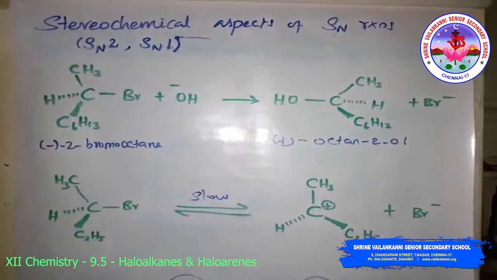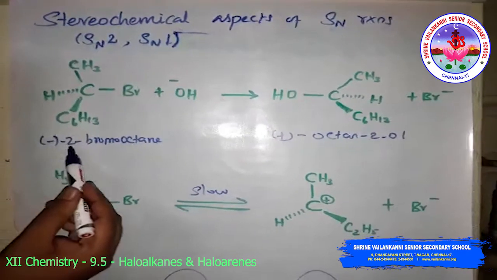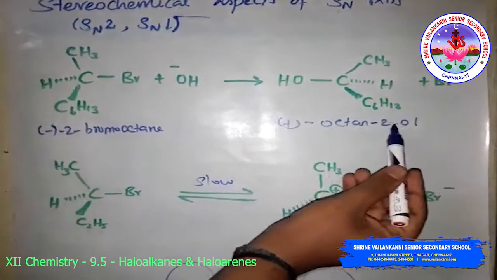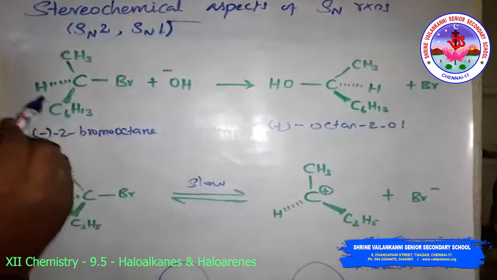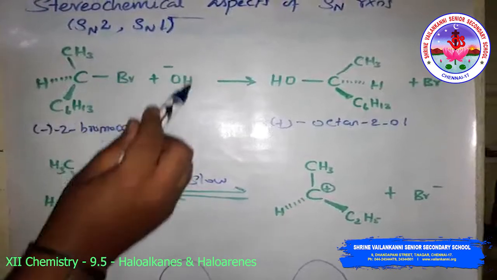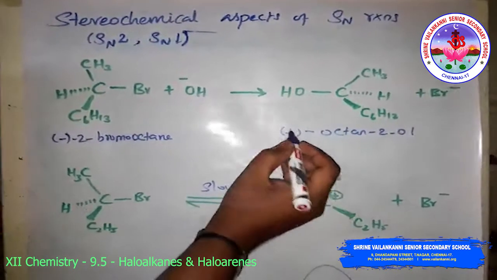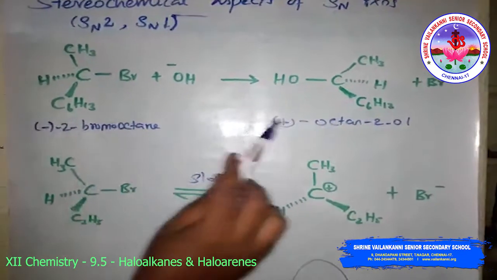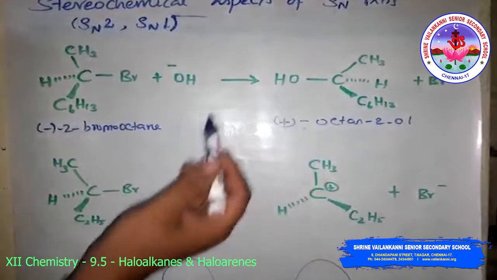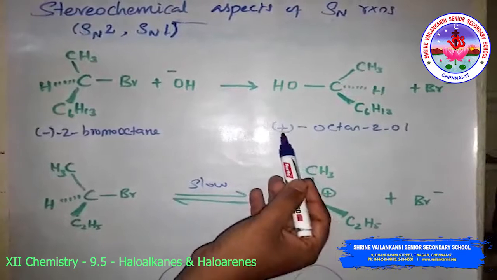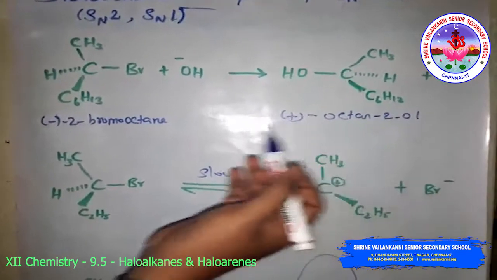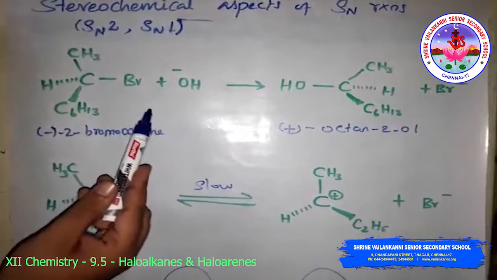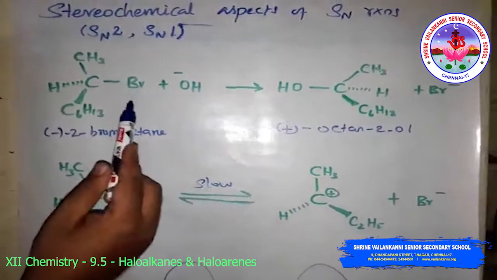Here, minus 2-bromooctane reacts with sodium hydroxide to give plus octan-2-ol. This sign is purely experimental, indicated by the polarimeter. So SN2 reactions of optically active halides are accompanied by inverted configuration.